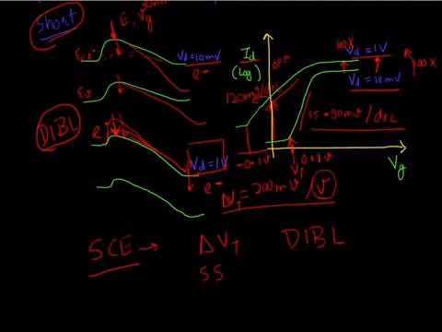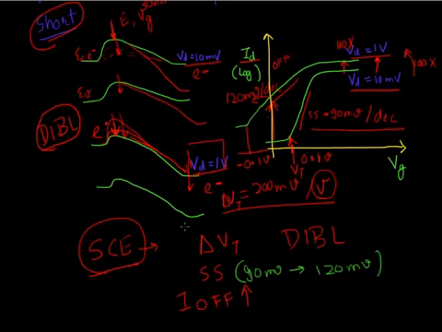In this case, it's changing from 90 millivolts per decade to 120 millivolts per decade. And also you see a much larger increase in your off current, so you see an I off increase. These three things are what is commonly quantified as the short channel effects.